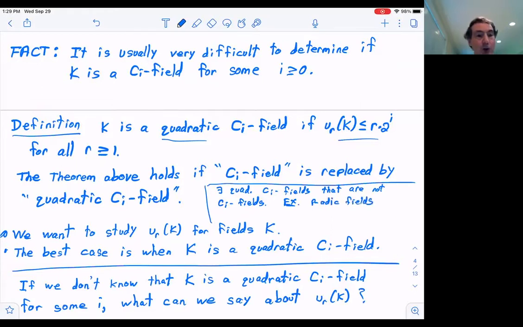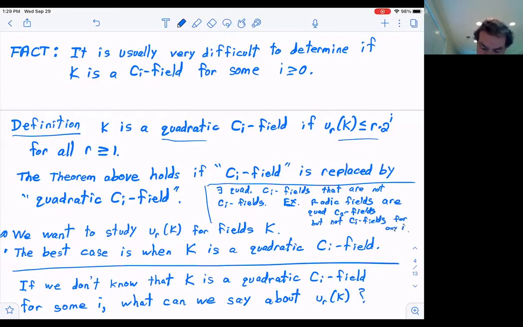It is known that p-adic fields are not CI fields for any I. However, they are quadratic C2 fields. This is the result I mentioned above, but not CI fields for any I.